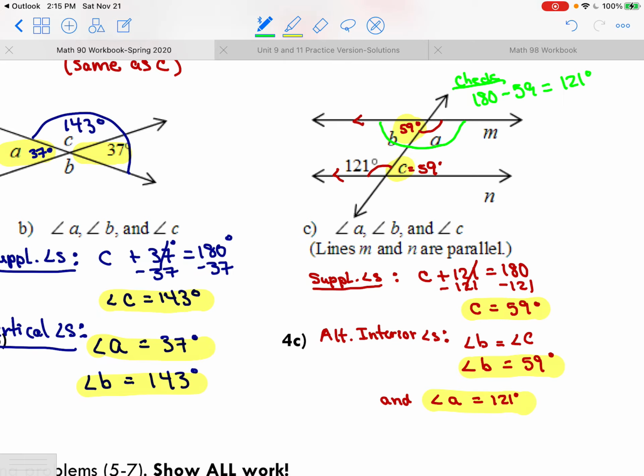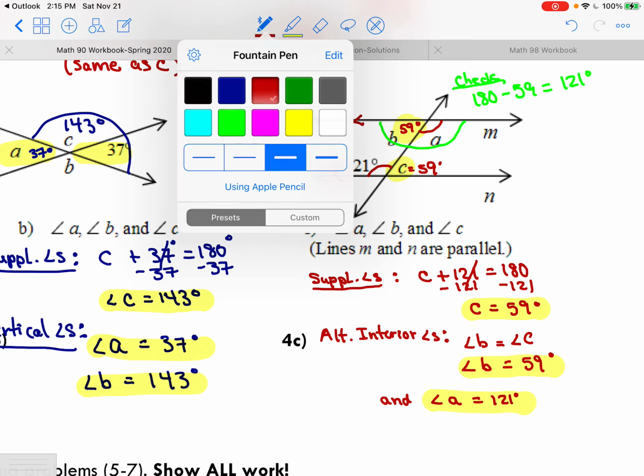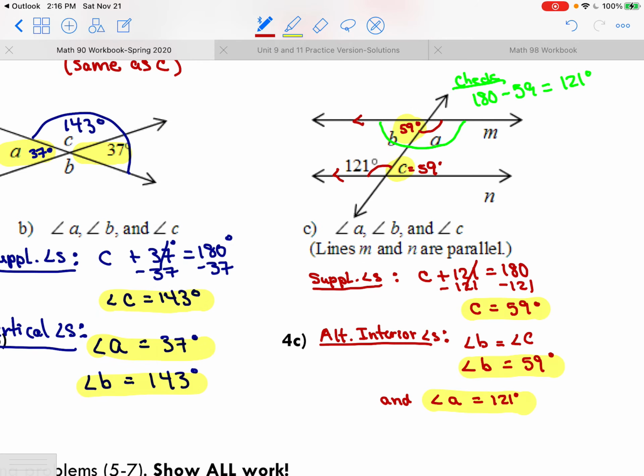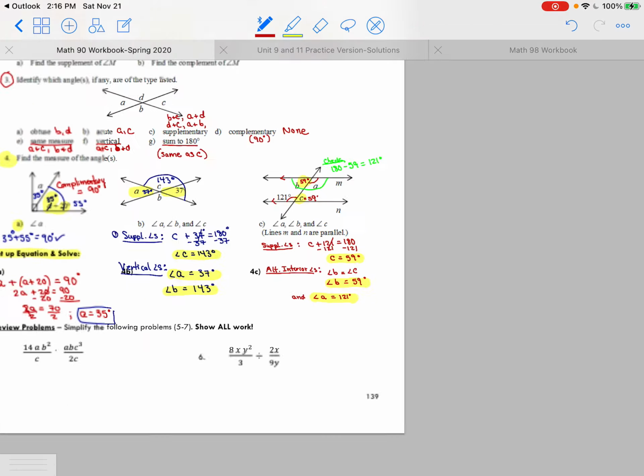And you know, sometimes it's kind of like if you're crossing a stream and you've got to jump on one big rock and go to the next and go to the next. Sometimes it's like that, where you just start with something and you work your way across so that you end up being able to answer the questions and find the angle measures for everything that they're looking for.